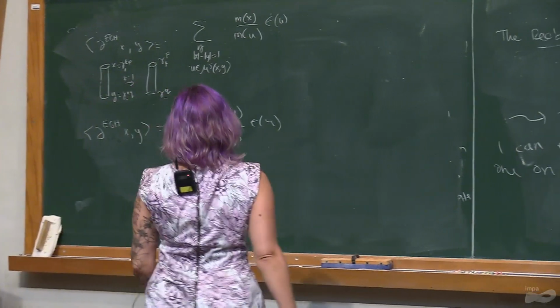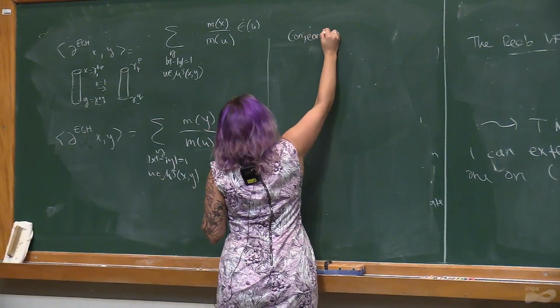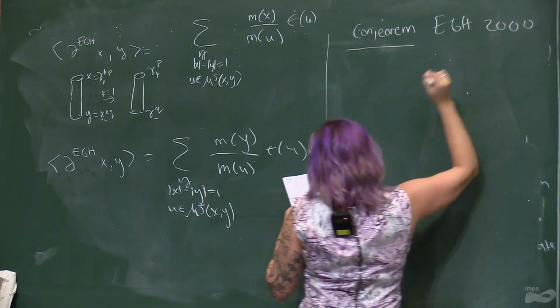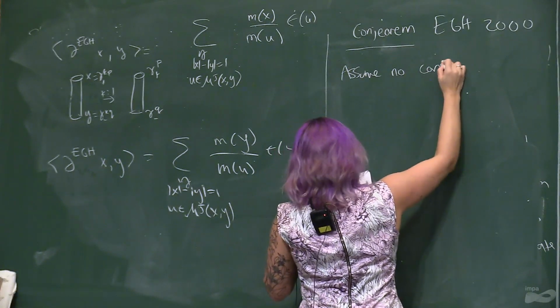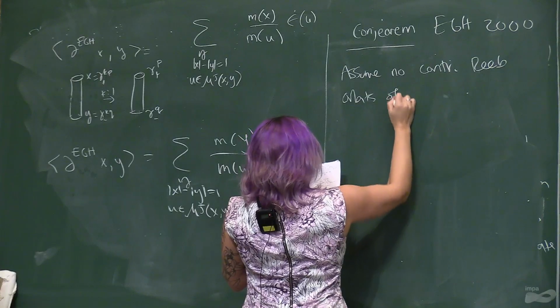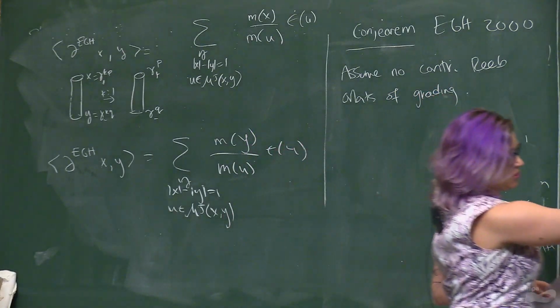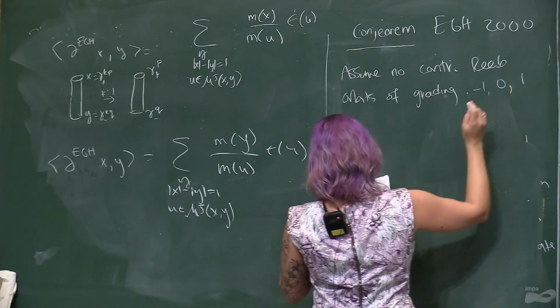Okay, so then the conjecture from 2000 was: assume no contractible Reeb orbits of shifted grading, in terms of the Conley-Zehnder index, of -1, 0, or 1.